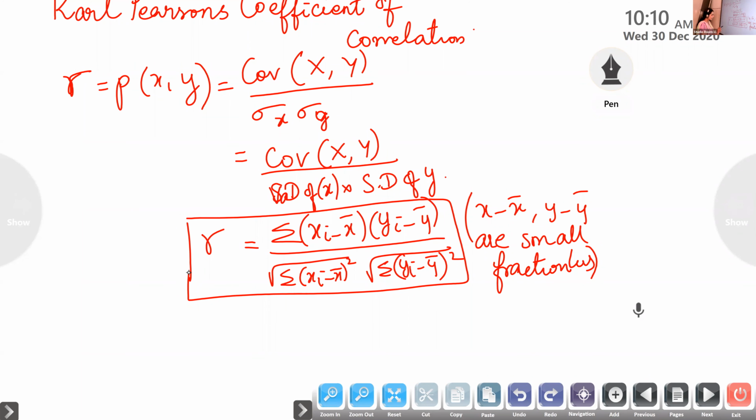And then the second formula, this one also we can use when x and y are small numbers.